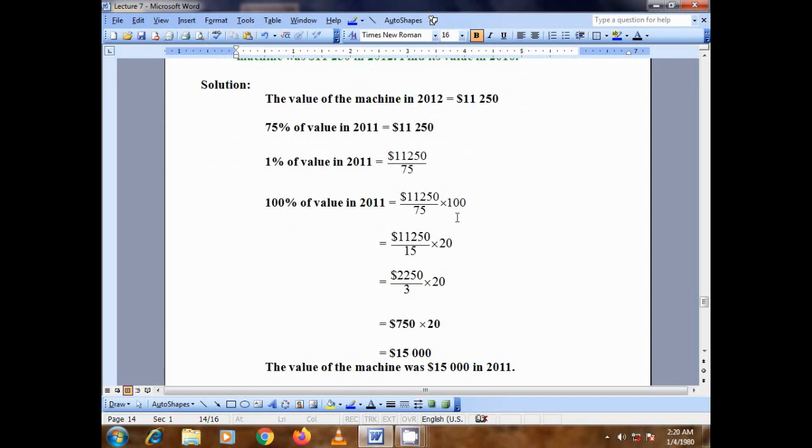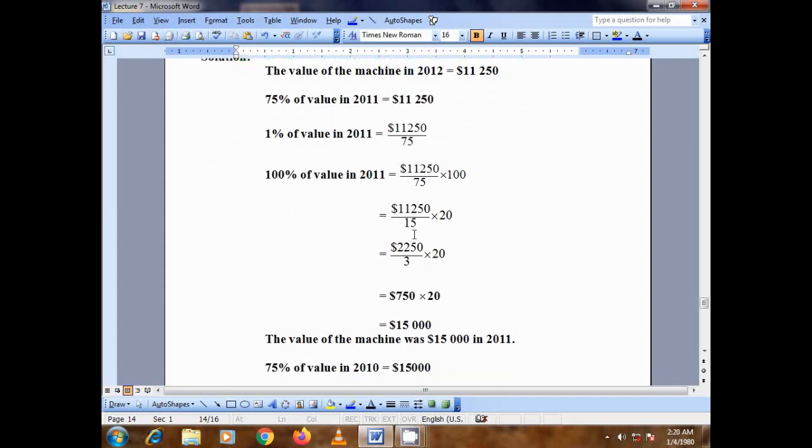Now 100 and 75 are both multiples of 5, so we can divide both by 5. Dividing 100 by 5, the quotient will be 20. And if you divide 75 by 5, you will have the quotient 15.